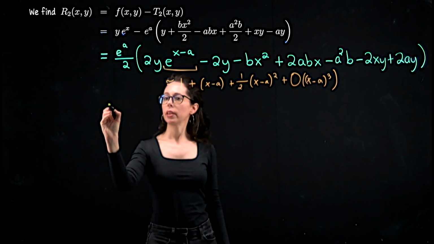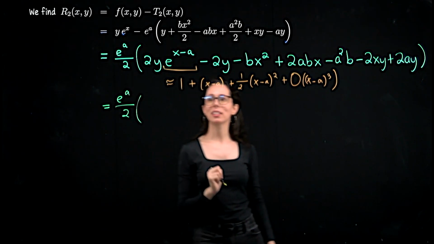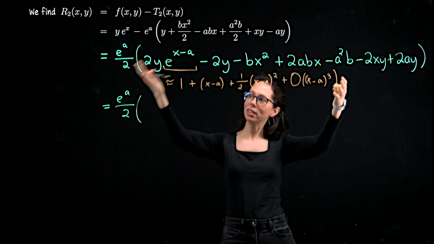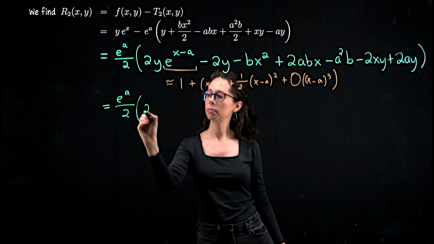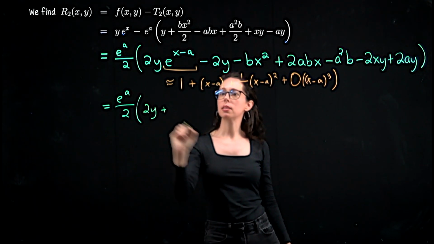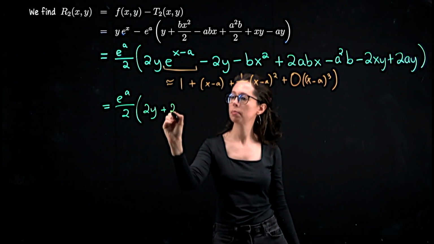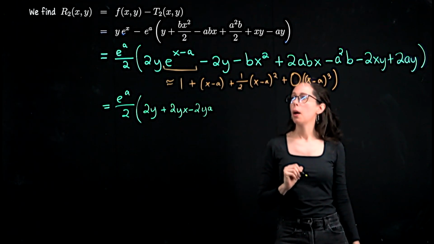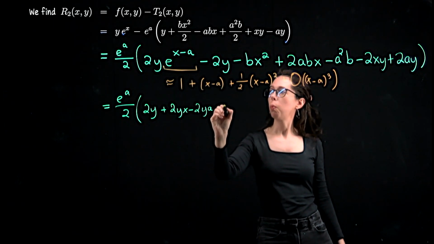Let's now keep going. We leave the scalar out front, and I'm going to take this expression, replace it with this, and also multiply by 2y at the same time. So we'll have 2y times 1 plus, let me distribute, 2yx minus 2ya. The 2's will cancel in the next product, so 2 times 1 over 2 times y.